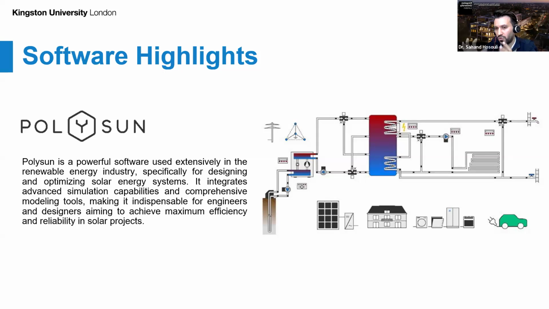You're going to learn how to insert the data from the customer into the software and come up with and propose a system for that demand. It's not limited, as I said, to solar PV and solar thermal. It goes beyond. We're going to look at heat pump systems, waste heat recovery systems, and storage systems like boreholes, as you can see in this image, control units, and also heat storage tanks and how you can control them.